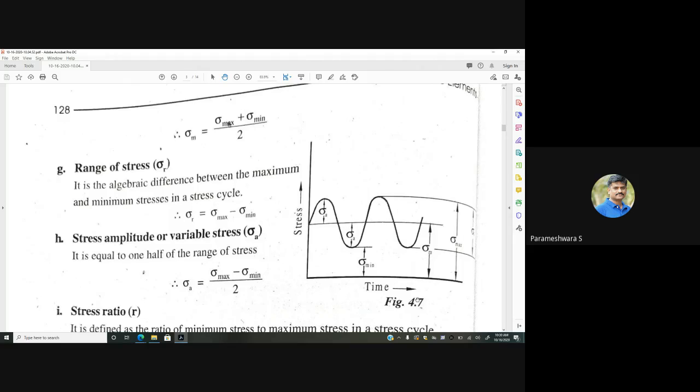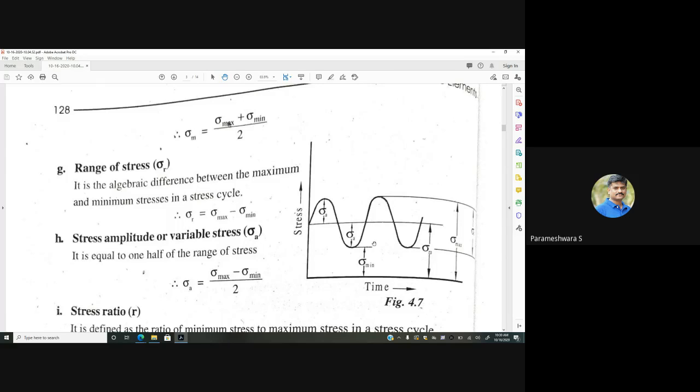See figure 4.7, you can see that a graph is plotted between stress and time. Sigma a is the stress amplitude on both directions, positive as well as negative, where sigma minimum is the distance from the lowest side of this stress amplitude to the abscissa, and sigma mean is the distance from the mean line to the abscissa, and sigma maximum is the distance from the maximum stress amplitude to the abscissa.